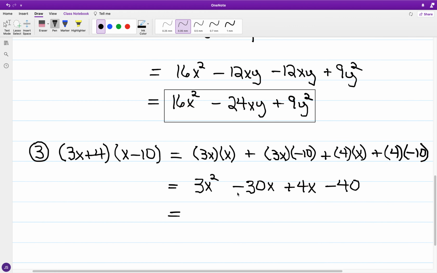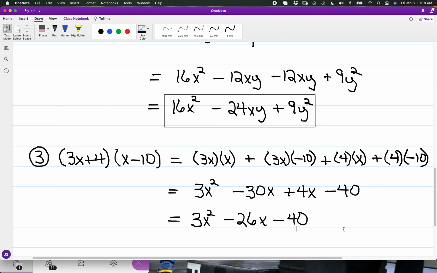Combining the middle two terms together, we come out to 3x squared minus 26x minus 40. So you got 3x squared minus 26x minus 40.